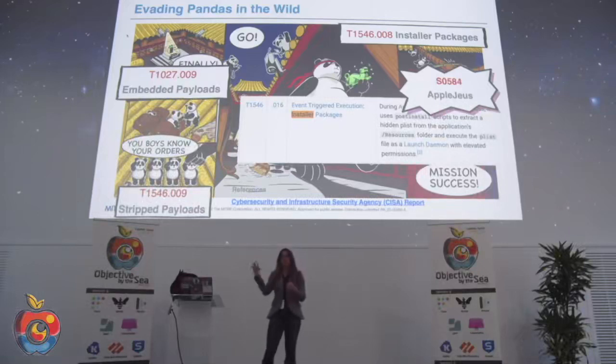Then it used a post-install script to move its malicious binary into the launch daemons, which it already had the permissions for because you already gave your credentials to install the application in the first place. And then it was able to execute that. So now you've got elevated privileges and you've also got execution on your host. So we started remapping that to be a part of the installer packages.